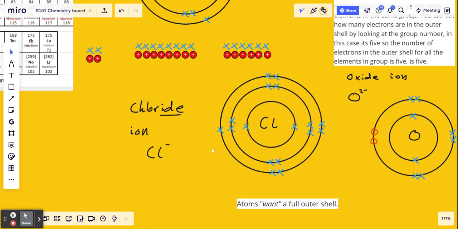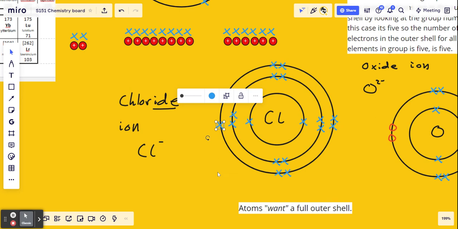So, as I said, the atoms like to have a full outer shell. So, in actual fact, if this was going to form an ion, it wouldn't form, for example, a Cl plus ion naturally. It would form a Cl minus ion by completing its outer shell. Now, I did that as a little circle, didn't I?